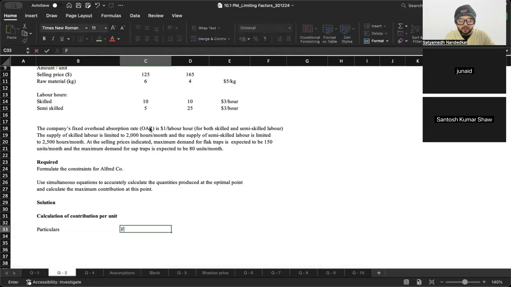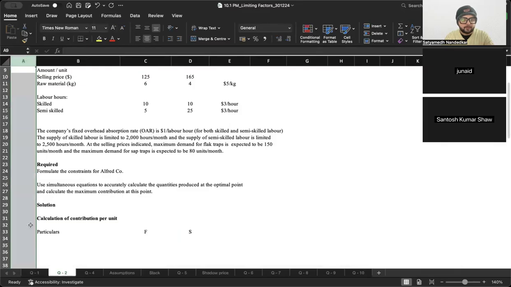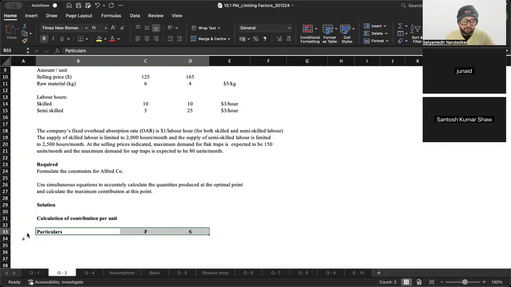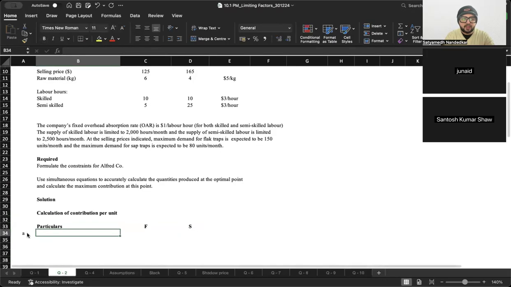Particulars. F is flag trap, S is sap trap. I have just used the initials. So first of all, let us write down the selling price per unit.